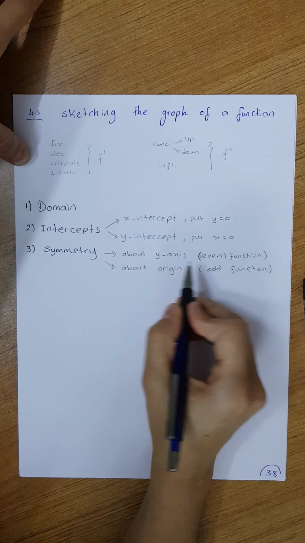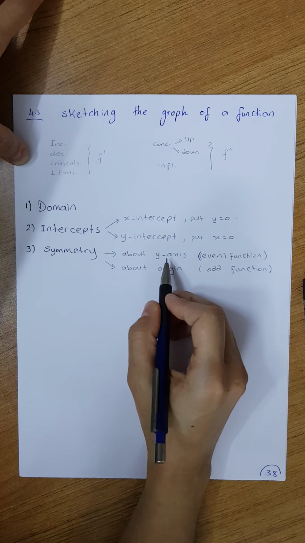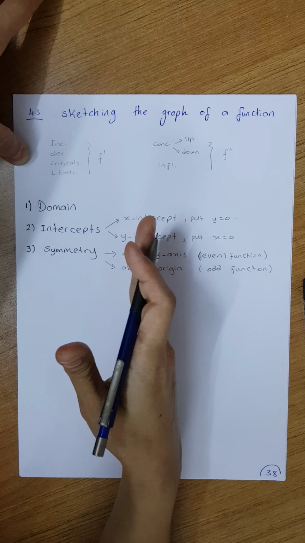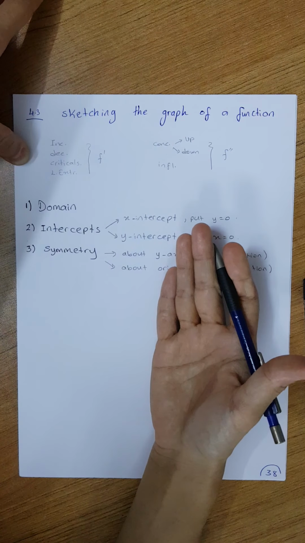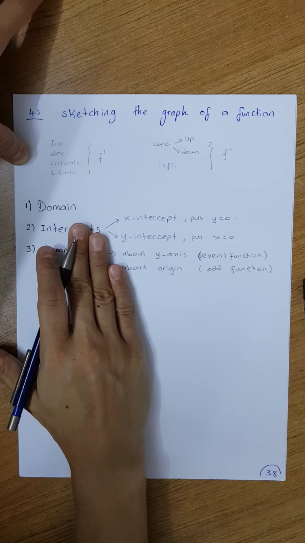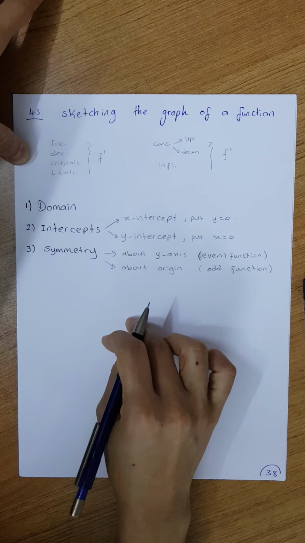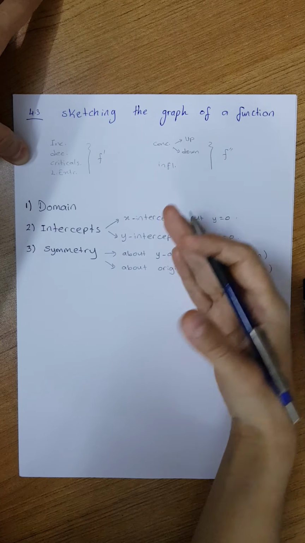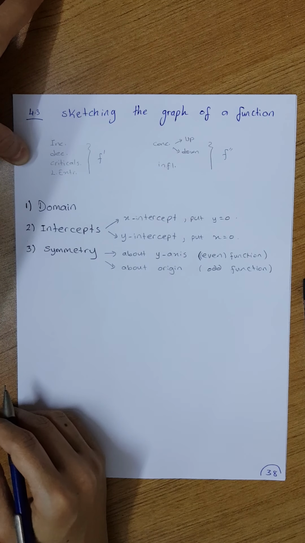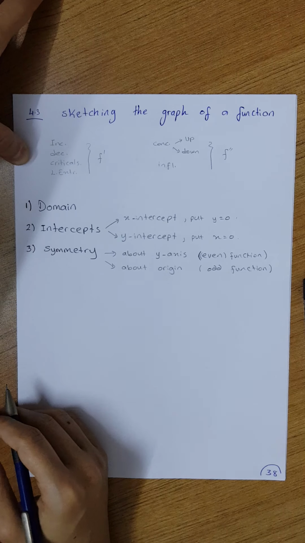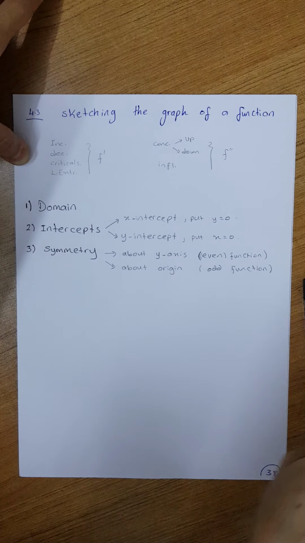What does that mean? Symmetry about the y-axis means whatever I'm sketching on that part of the y-axis will be reflected on that side. Symmetry about the origin is whatever I'm sketching here, I will have it at the other side of the Cartesian coordinate, and you're familiar with those things.